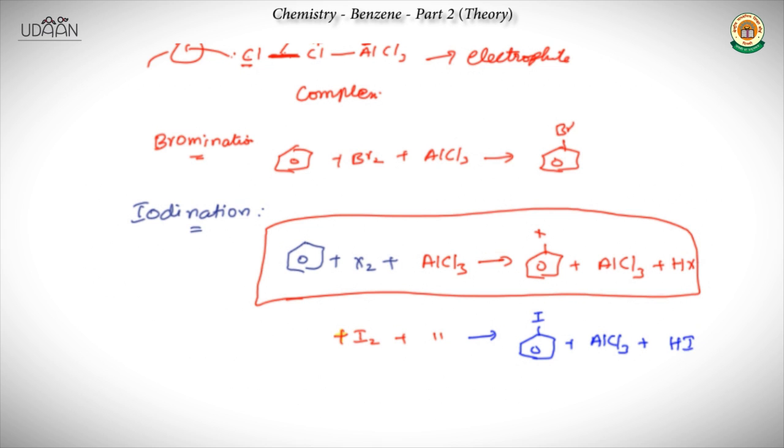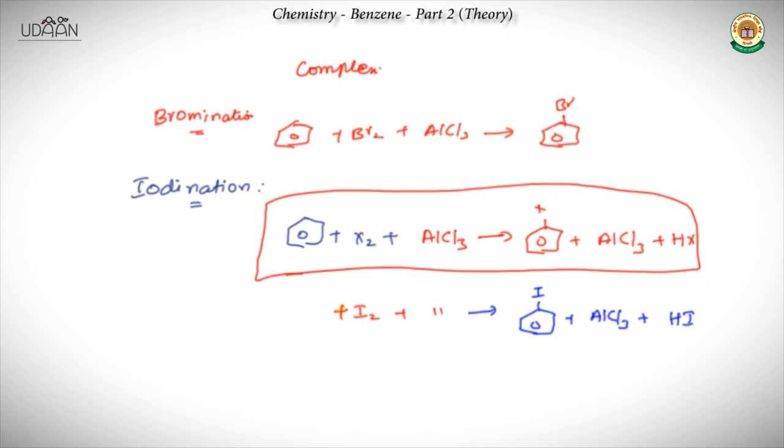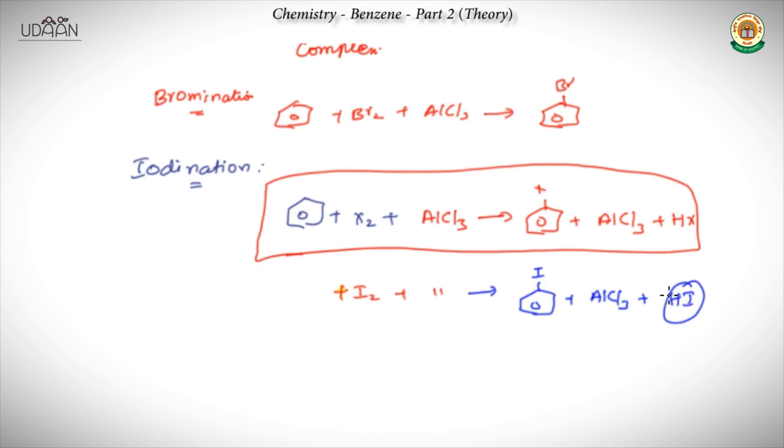HI is a very strong acid and a very powerful reducing agent, because it easily gives hydrogen in the mixture, and since it's a very highly reducing agent, it tries to reduce the iodobenzene which is formed to benzene again.